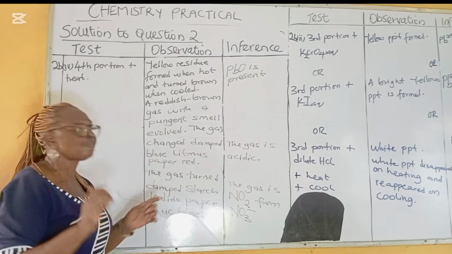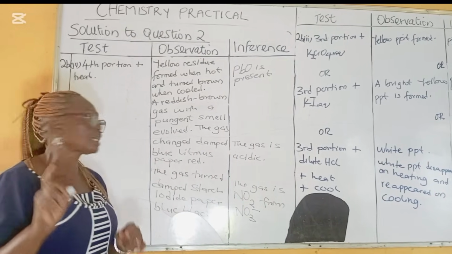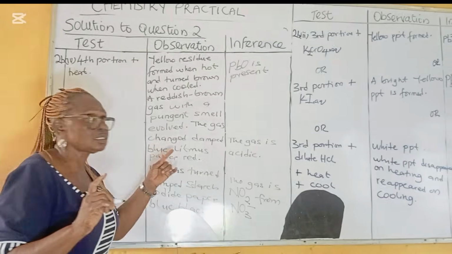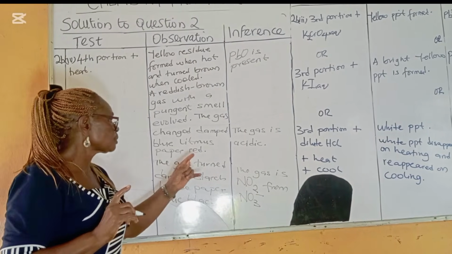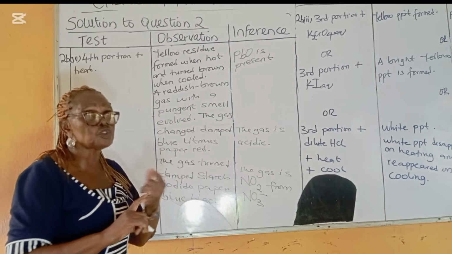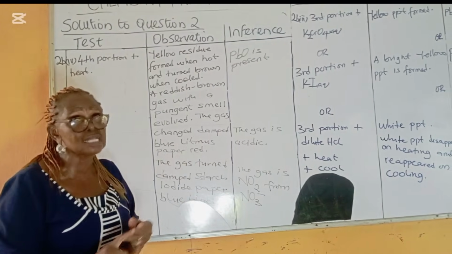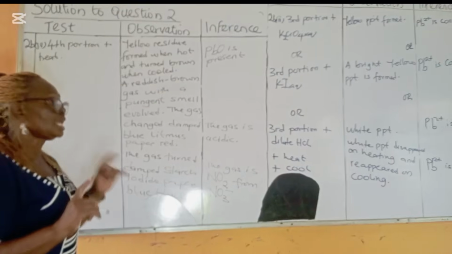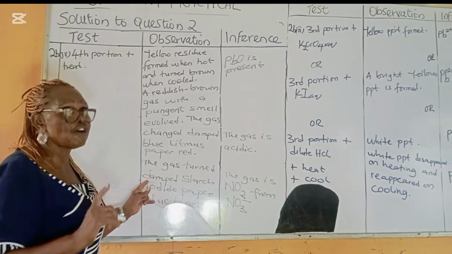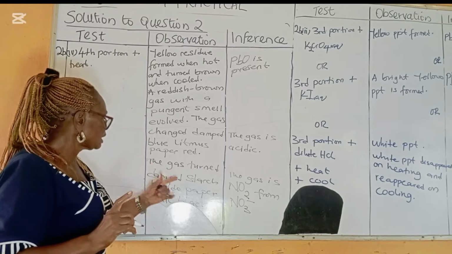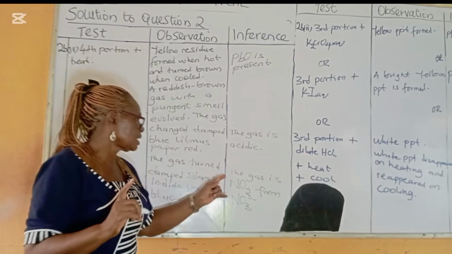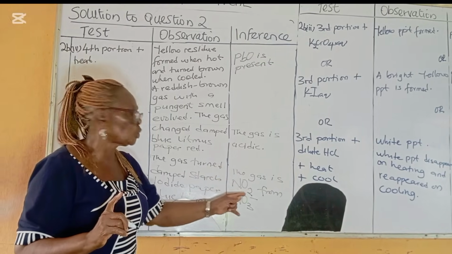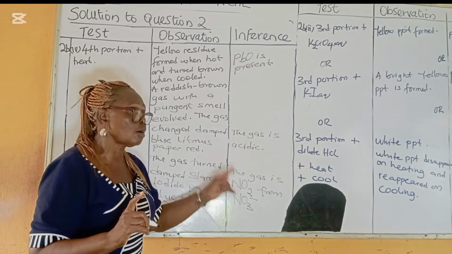So every gas, there are 4 tests you must carry out with the gas. You have to tell us the color and the odor for 1 mark. You have to test with litmus paper to know whether it is a neutral gas or acidic gas or alkaline gas. Then the last one, you have to confirm the gas. So this is the confirmatory test for the gas. So with that, you can now say the gas is NO2, which is nitrogen 4 oxide.